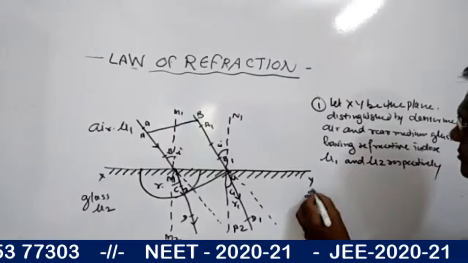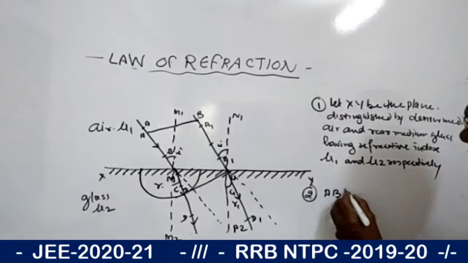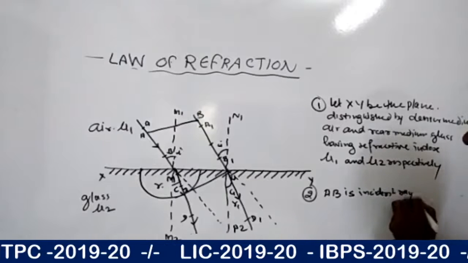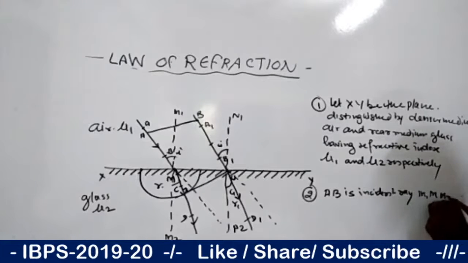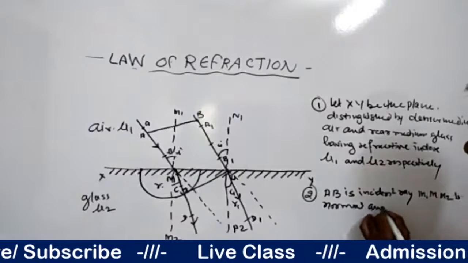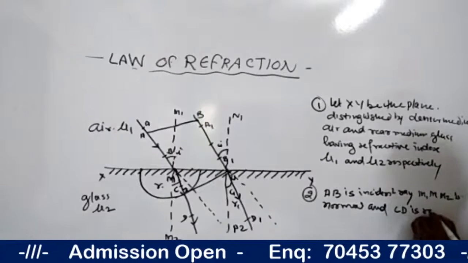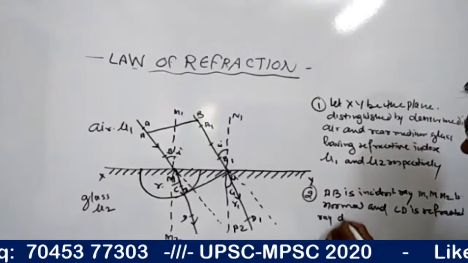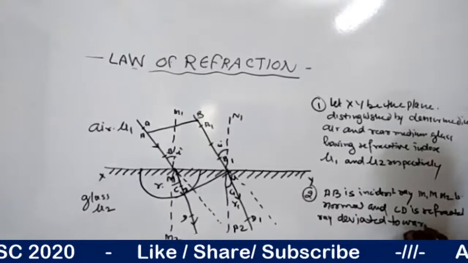Secondly, AB is incident ray, M1 M2 is normal, and CD is refracted ray deviated towards normal.